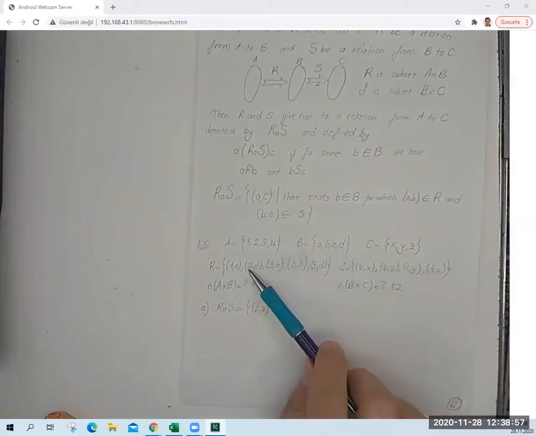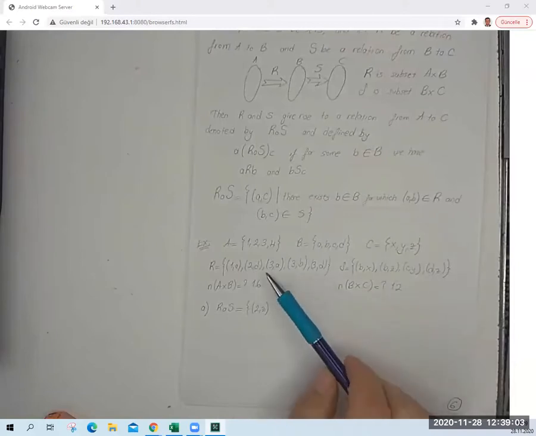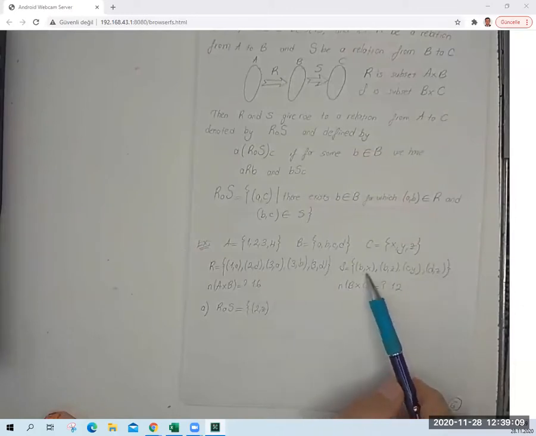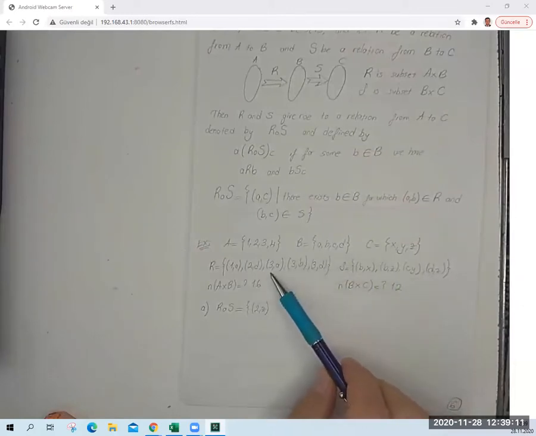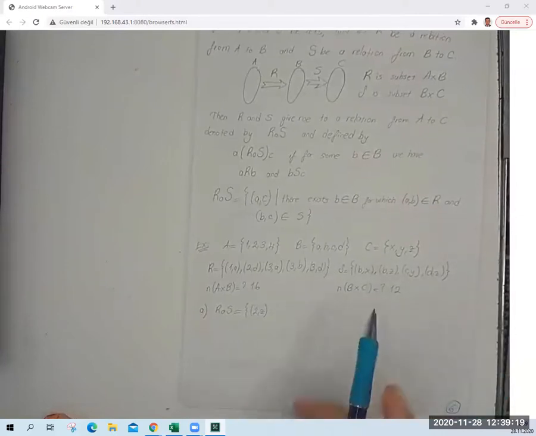It means 2 goes to Z in the composition of R to S. Now 3A, there is no A in S, so I pass that one also. 3B, I have B, right?